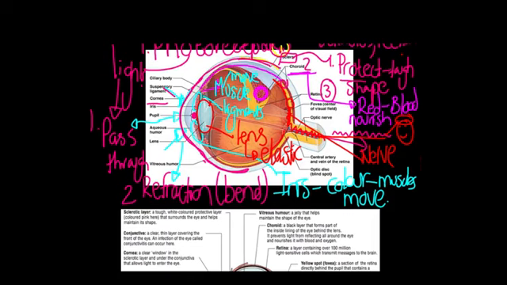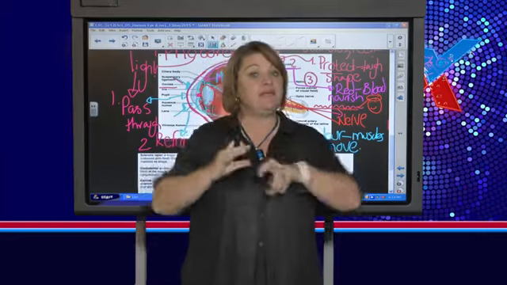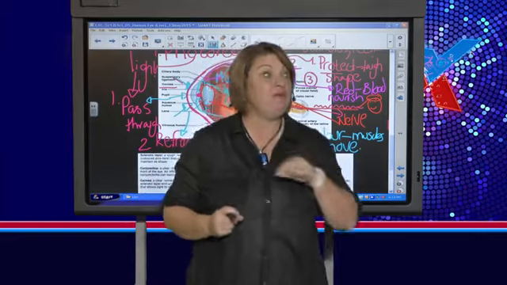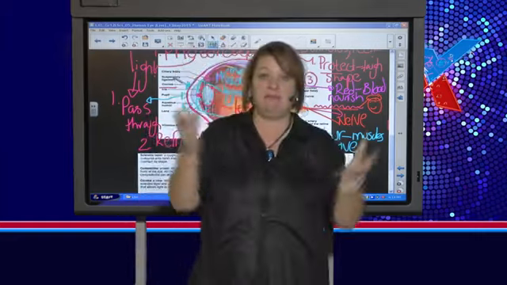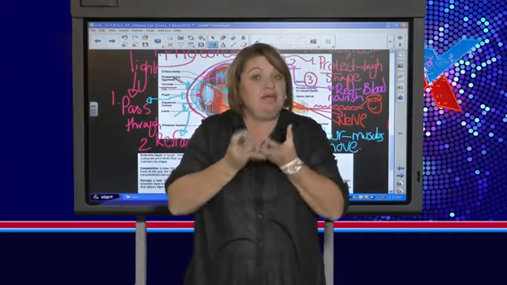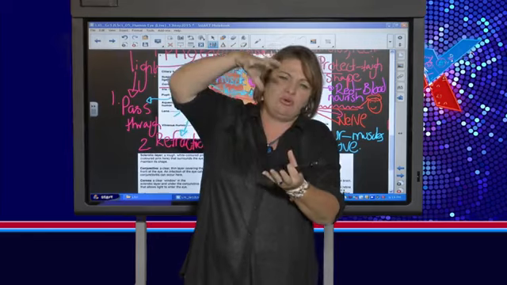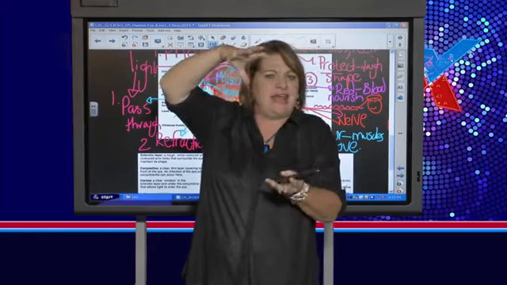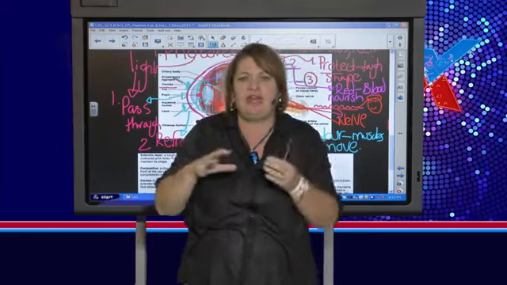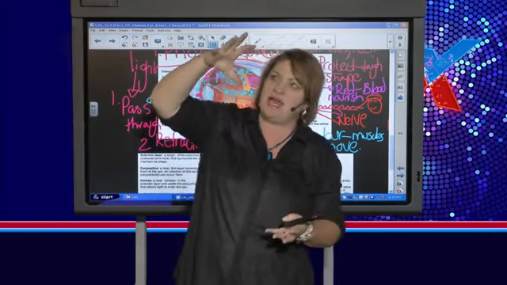Now, I've left out two things. An eyeball must keep its shape. We've done the outer layer, keeping a shape. But we need to make sure that there's something filling the eye that causes it to inflate. Imagine if we want a balloon to inflate, what do we do? We blow into it and it inflates.